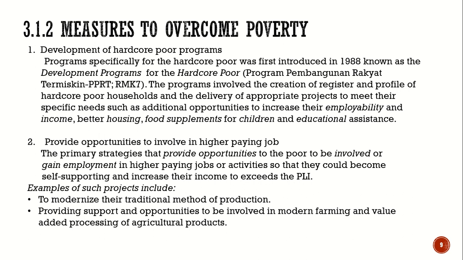An example here is that we modernize the traditional methods in agriculture, because agriculture is associated with poverty, and this poverty is caused by the lack of technology. So we need to tackle the problem by modernizing the traditional methods.